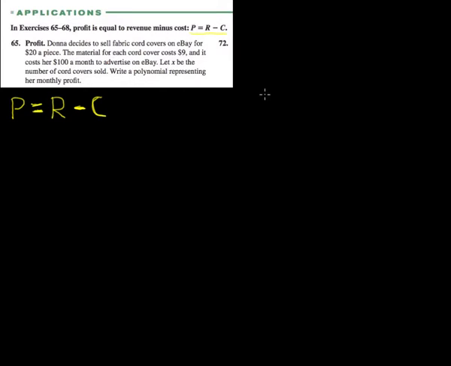So the costs stand out for me really clearly here. This says that's a cost and that's a cost. So since those are standing out clearly, I'll put them over here. It's for each cord costs $9. So for each, they're telling us to use X, plus there's $100 each month.